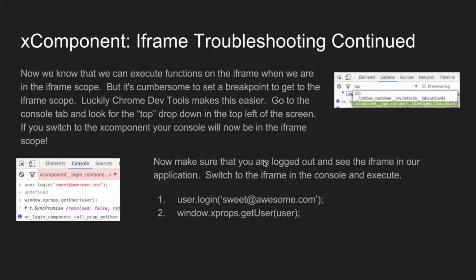So if you're logged in, click the logout button. So we should see the iframe in our application. So we're then going to switch to the iframe in the console, and we're going to execute user.login suite@awesome.com. And then we are going to execute window.xprops.getUser and see what happens. So take a moment, pause the video, and execute that in your console to see what happens.